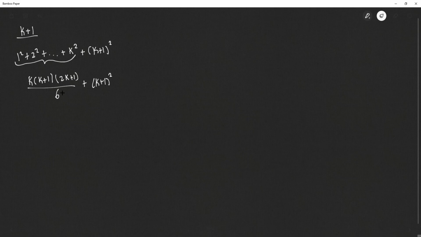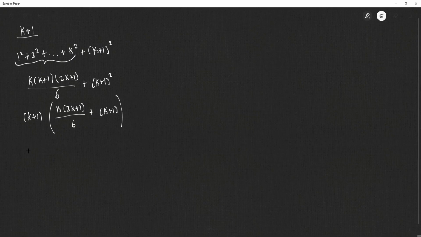So now if we look at both of these terms, we're able to factor out a k plus 1. So this becomes k plus 1, and then a large bracket with k times 2k plus 1 divided by 6 plus k plus 1. And now, in order to add these properly, we need to have them under the same denominator.